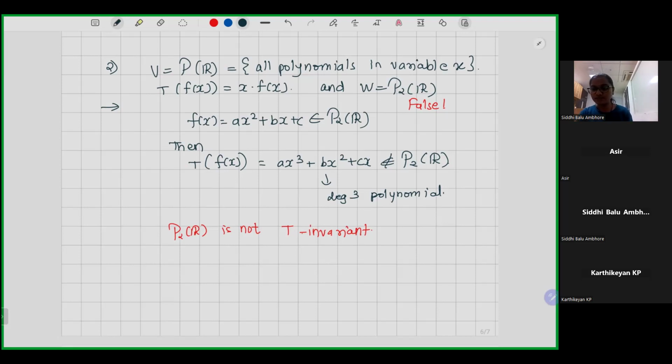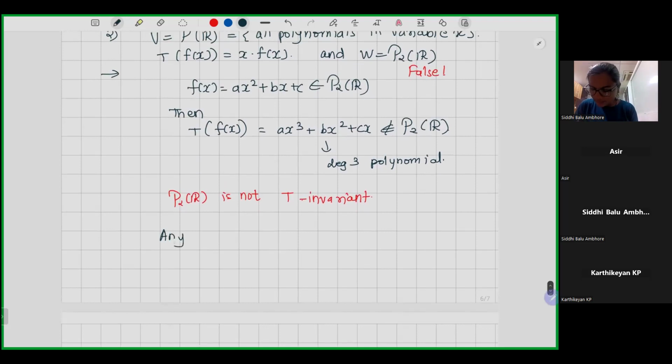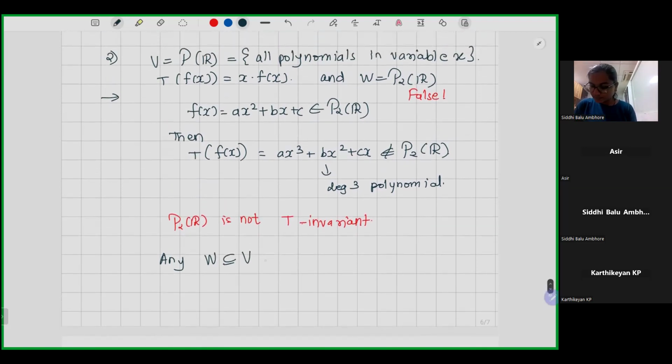I'm not asking about f double dash of x. T is fixed. T is given. But can you give me a W such that it is invariant under this T? ax plus b.